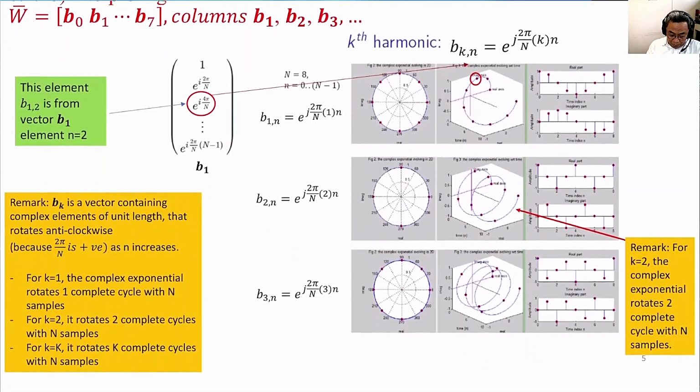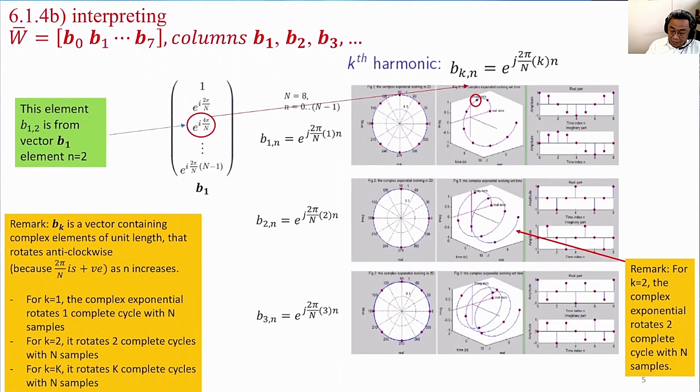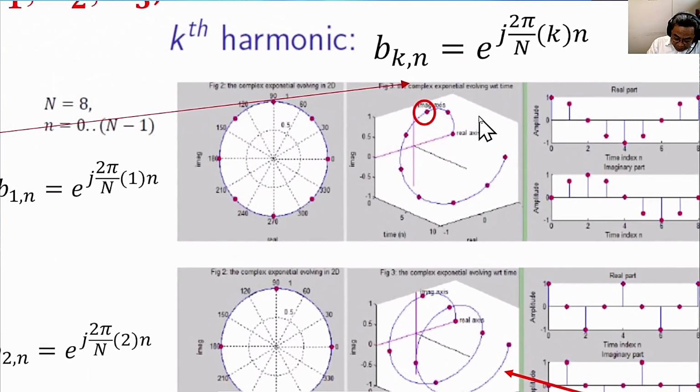Lastly, I show you another visualization. Let's visualize B1 again. B1, remember, it is a column vector of N elements. It is a complex phasor rotating anti-clockwise. Let us see in 3D now. So remember that along here is the real line.